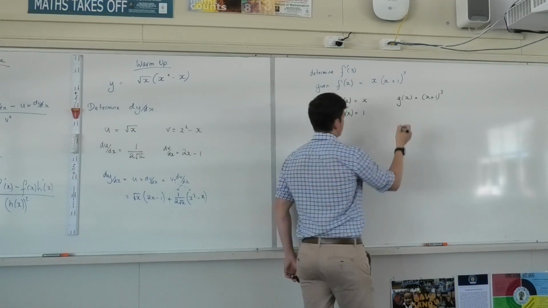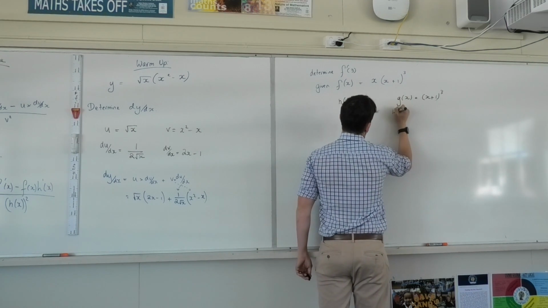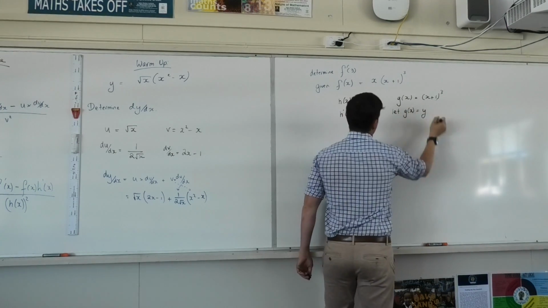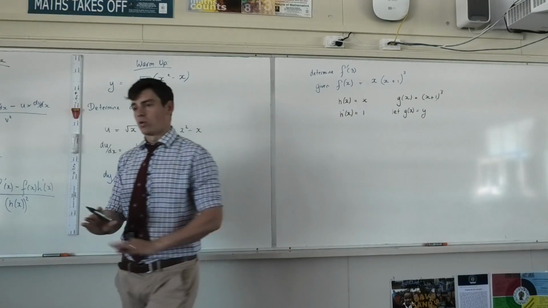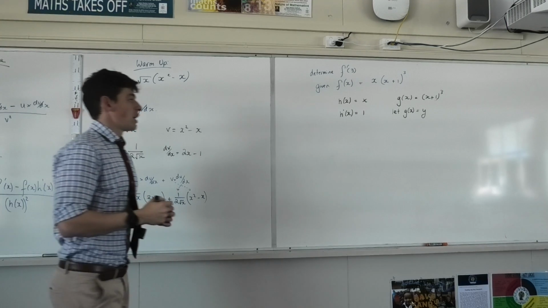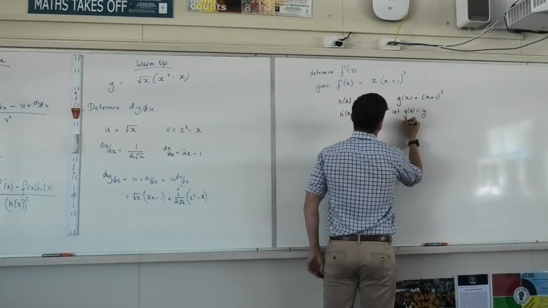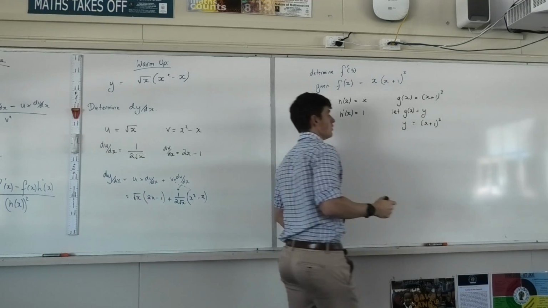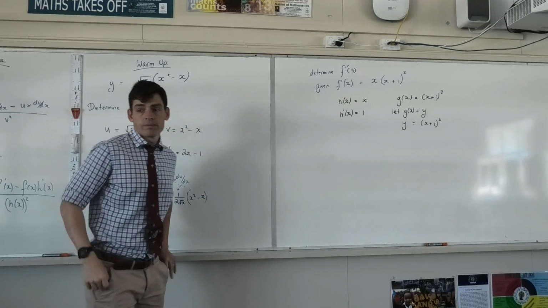So just because we're struggling a little bit to use the chain rule in a different format, I'm just going to say let g(x) equal y, just so we're in the format that we're familiar with. So now we've got y equals (x plus 1) to the power of 3. In this scenario, what do I do?